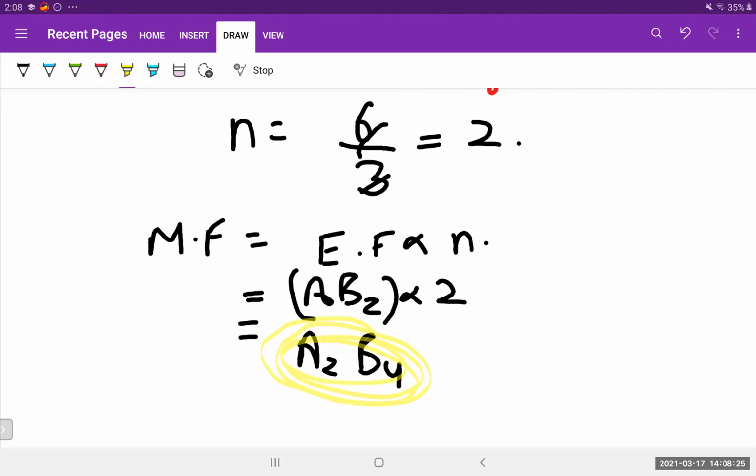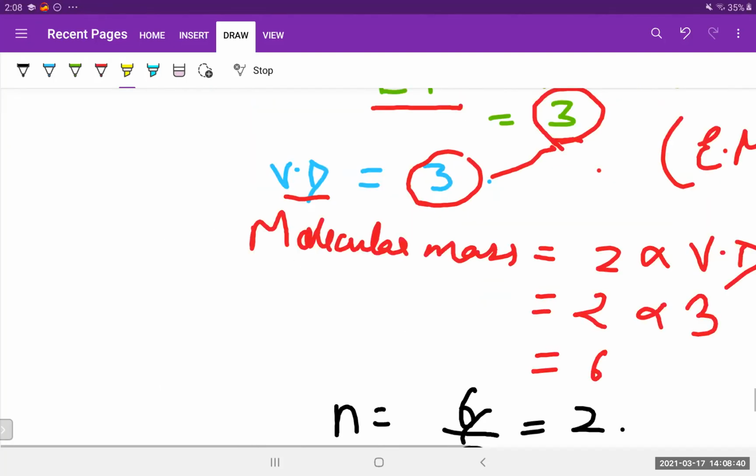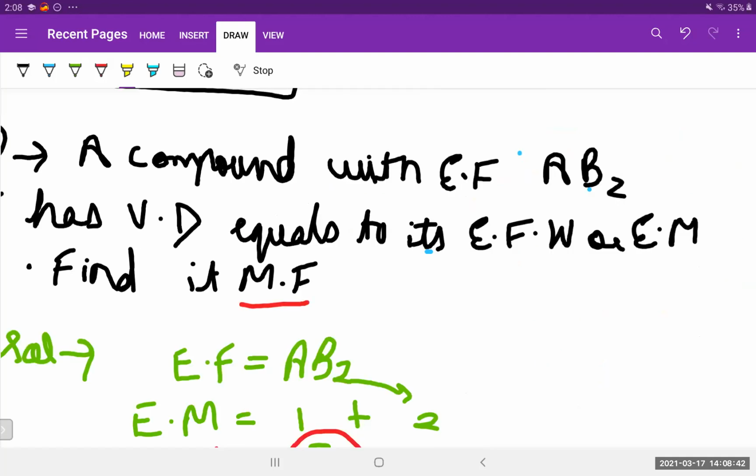Very important question and a very tricky question. It's not very difficult. It's very, very easy. But the thing is that students get scared after seeing such a question, where this is equal to that and we have to calculate the molecular formula. How will we calculate? No value is given, no element is given. How on earth will we calculate the molecular formula of AB2? That's very simple.